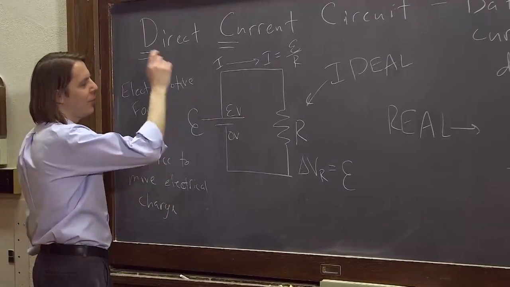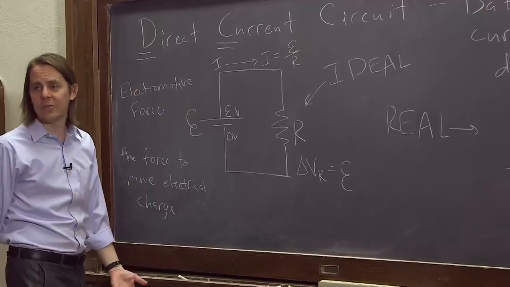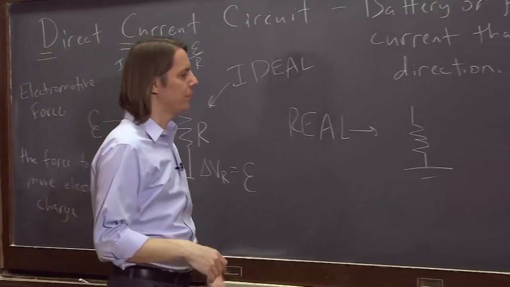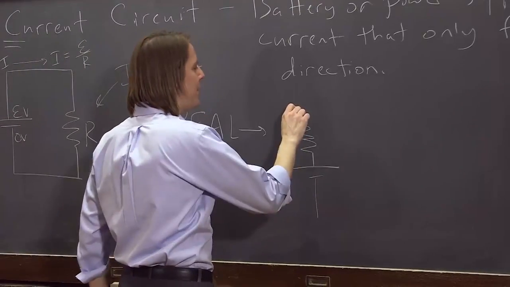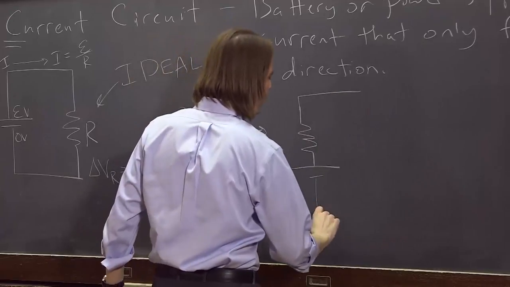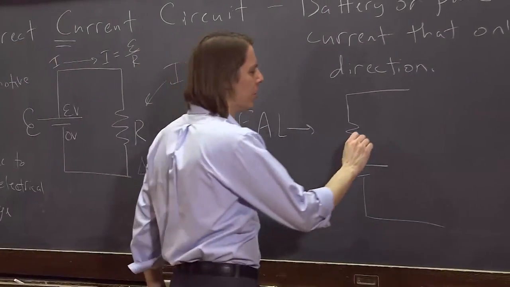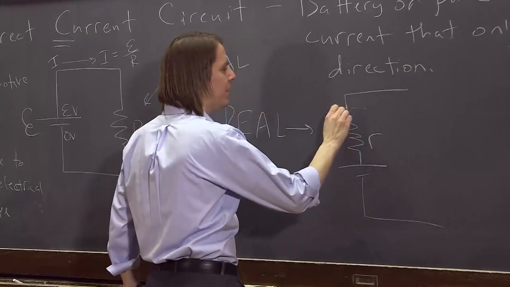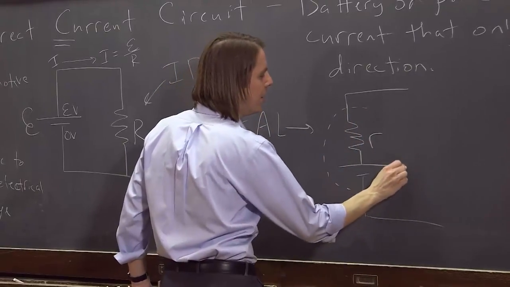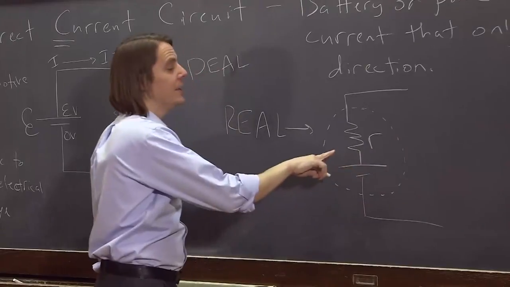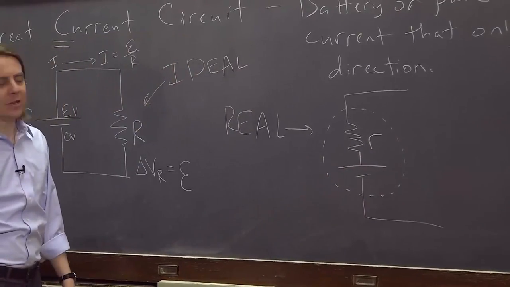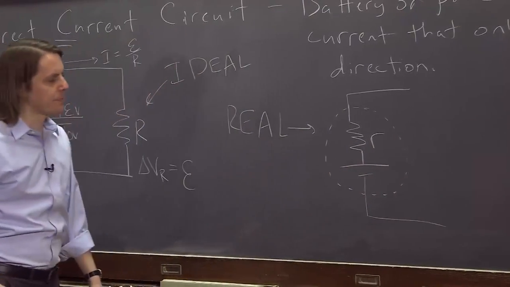The current can't flow out of that battery without encountering some resistance due to something. Ions have to flow through solution. So actually, every power supply has a little bit of resistance built in with it. So we'll call that little r. And really, then you've got to think of this as the power supply. You can imagine an ideal source of EMF plus a little resistor.